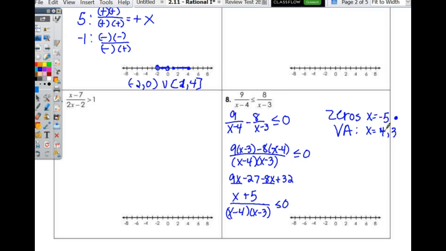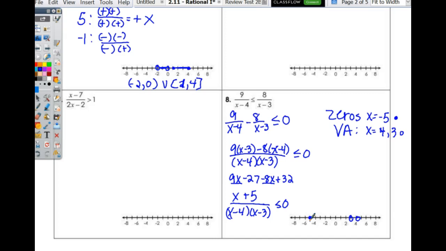And are those open or closed circles? Open. So 4 and 3 are open circles, and -5 is a closed circle. And then we have to test all the intervals. Okay? So does everybody see how to do that? Okay? Can I skip the testing part? Can you all test? Okay.